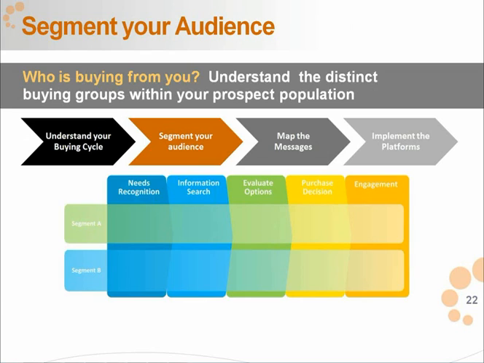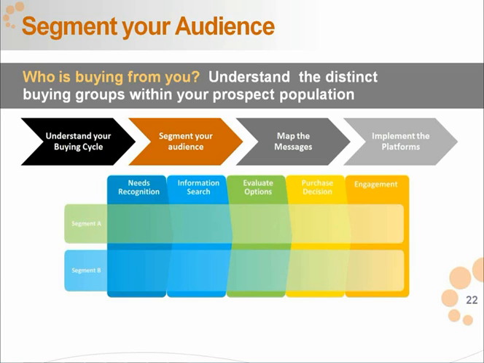Then the next step is mapping the messages. And this goes back to creating content, but not creating content against perhaps personas, which we believe are very general and are just a snapshot in time, but creating content for this dynamic experience, meaning that we know the mindset of that individual is going to change from the time they come to our website the first time to hopefully the time they come to a buying decision.